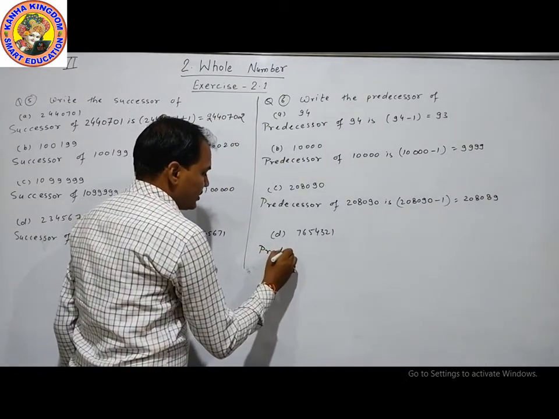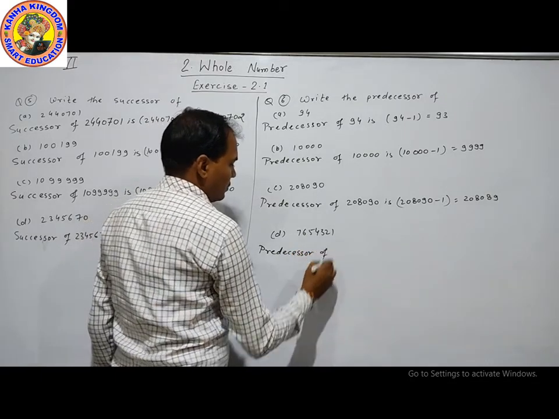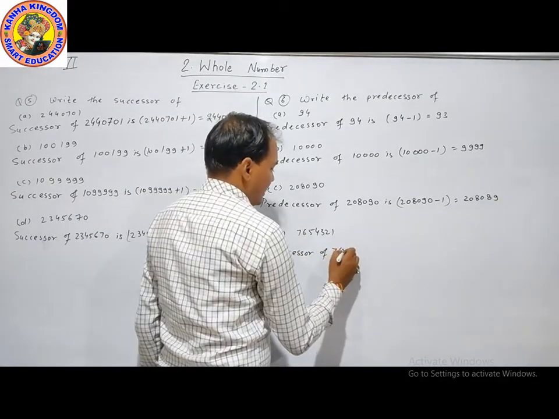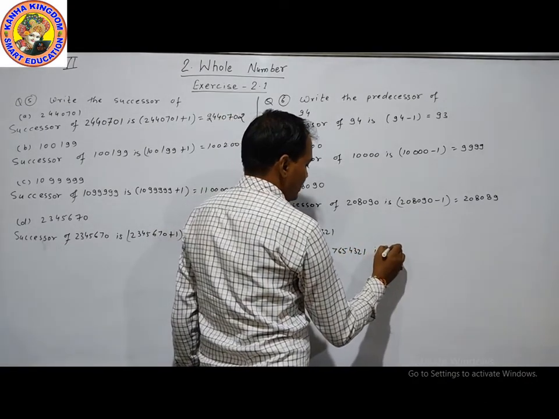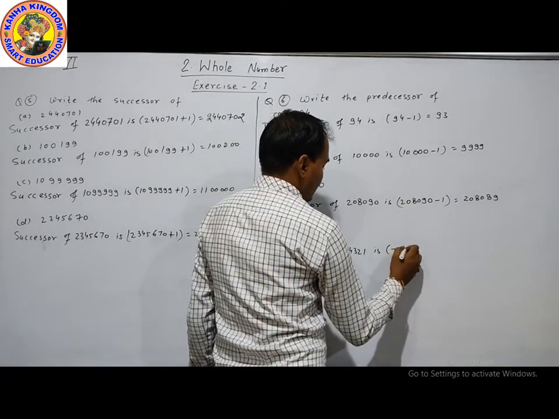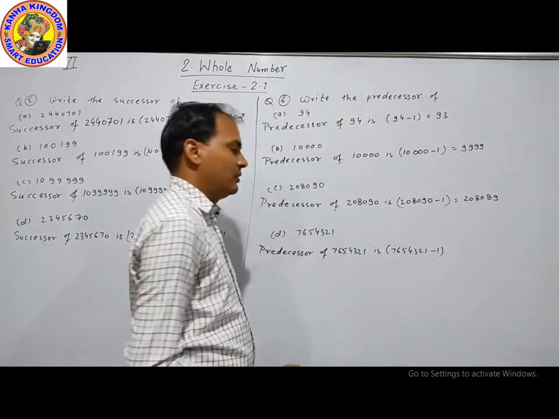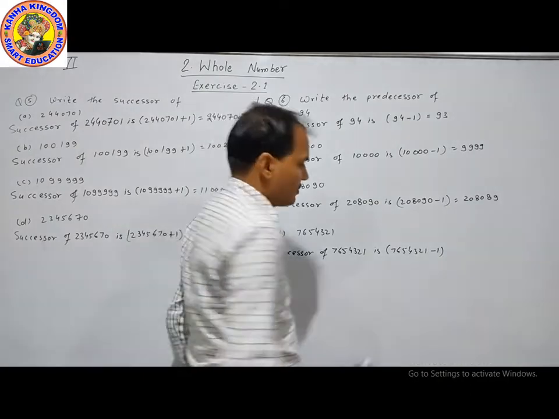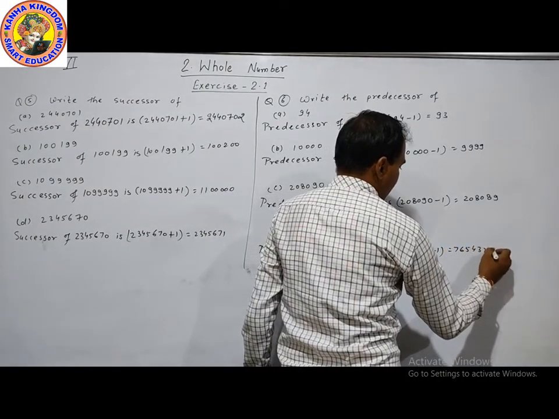Predecessor of 7654321 is 7654321 minus 1. 21 minus 1 is 20. So 7654320.